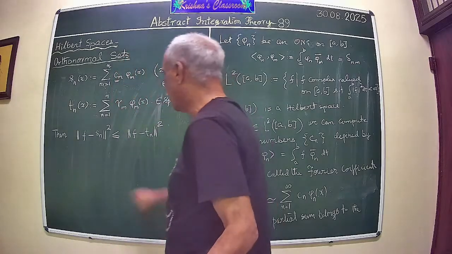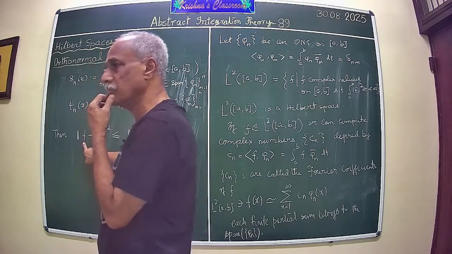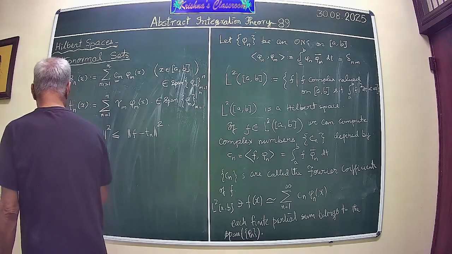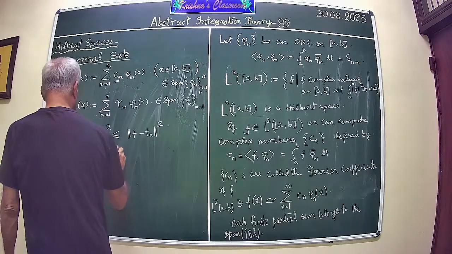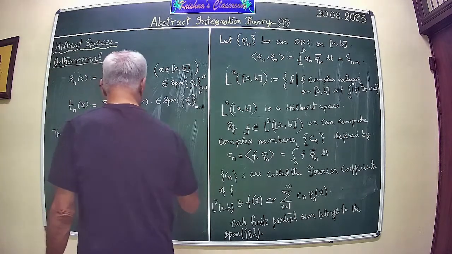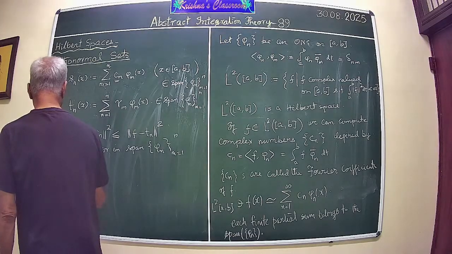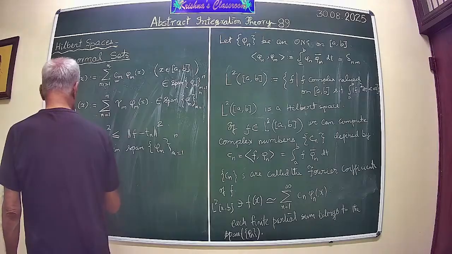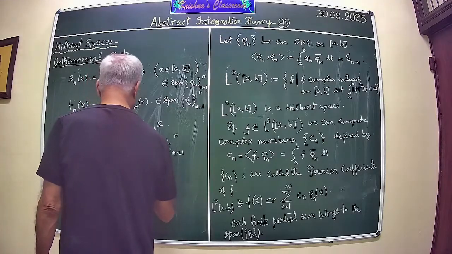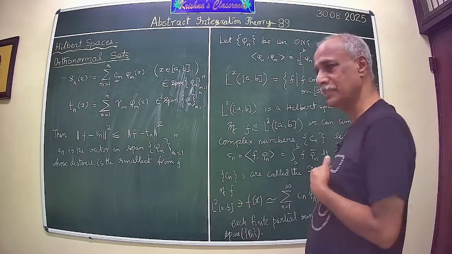In short, S_n gives you the vector in the span whose distance from f is the smallest. Take the corresponding situation in R3.